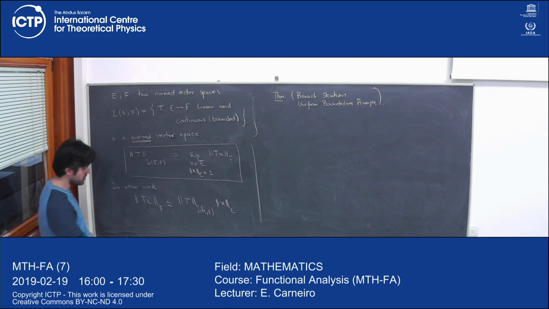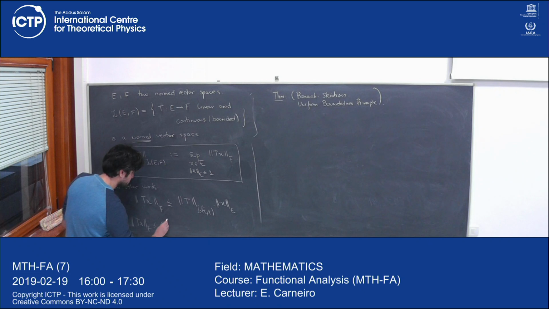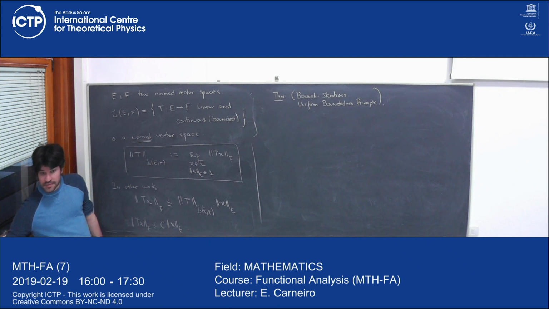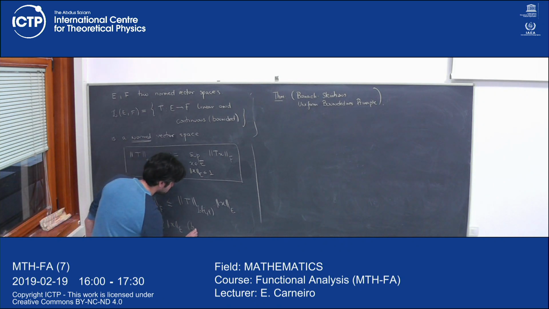Recall that a bounded operator is an operator that satisfies this for some C. This is a bounded operator. The smallest possible value of C that you can put here is actually the norm of T. This is the definition of bounded.